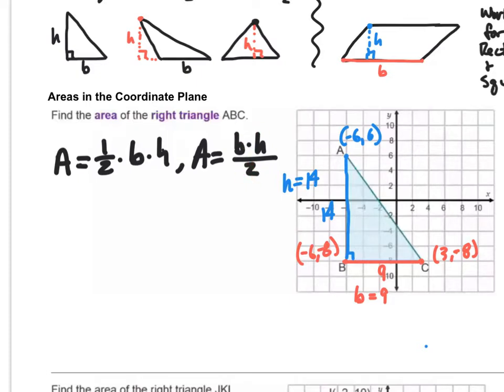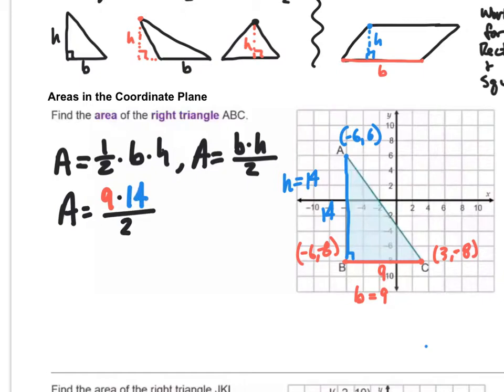So what I'm going to do is plug these numbers in. I'm going to multiply 14 and 9 together, so area is equal to my base, which is 9, times 14, all divided by 2.